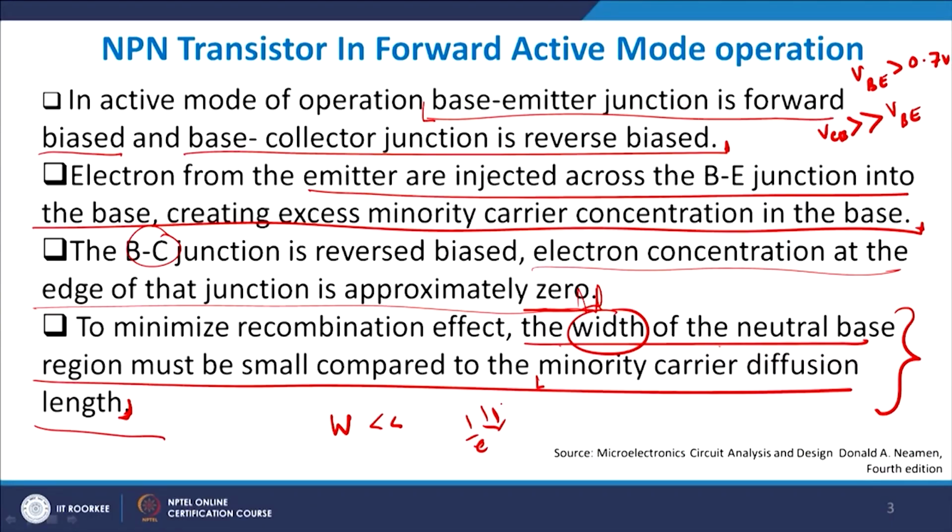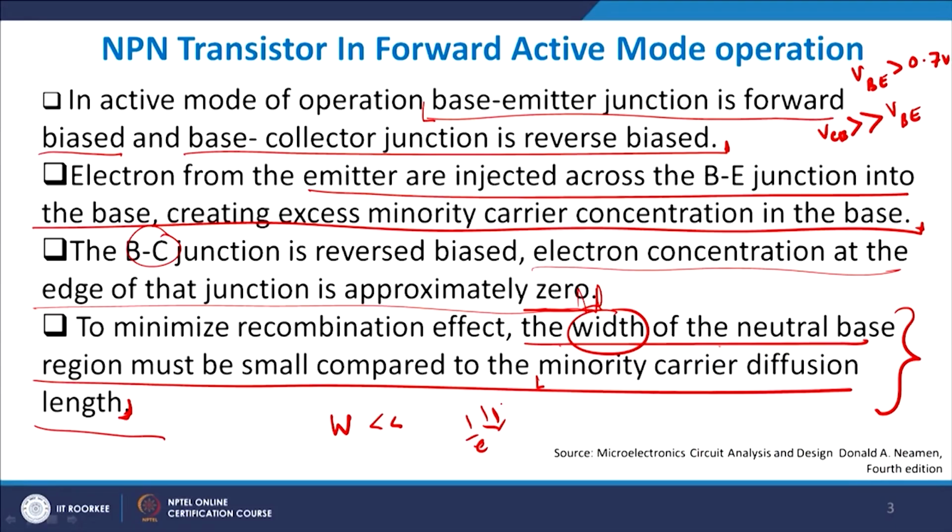We define diffusion length as the distance at which, because of recombination, the value of the minority charge carriers falls to 1 by e of its maximum value. So, if you entered at this stage and went to a distance of 1 centimeter and saw that the number of charge carriers dropped by virtue of recombination, to 1 by e of the charge, then we define that length to be the diffusion length.